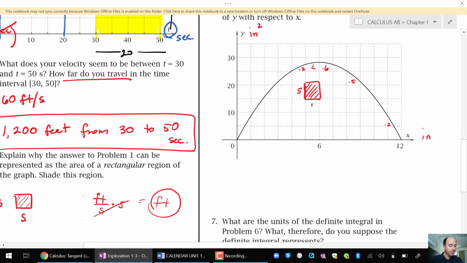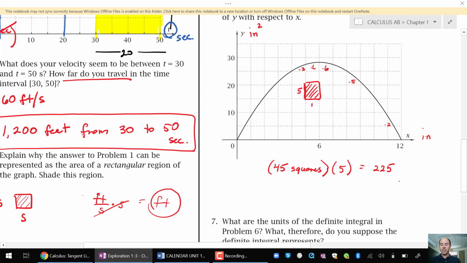Now, I counted approximately 45 squares. And each area of one square is 5. 45 times 5 gives me approximately 225. And I'm interested in the units right now.